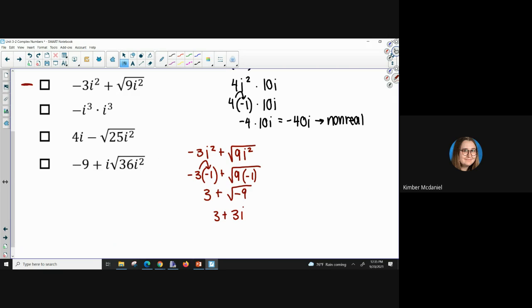Like terms. Now, is that, Arislandi, real or non-real? Non-real. And what's the thing that we're looking for to determine if it's real or non-real? The i. So are we going to check that second answer choice? Yeah. What type of answers are we looking for? Non-real. Non-real, so we're going to check it.